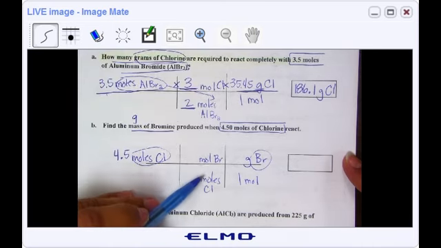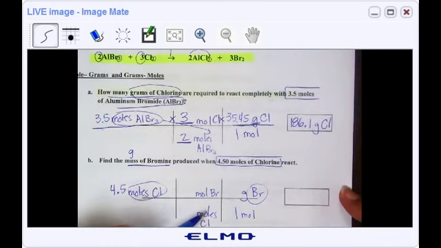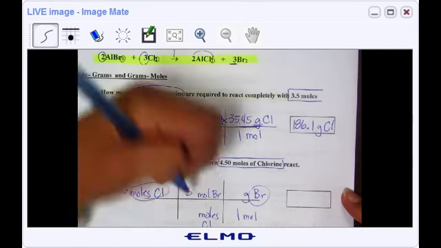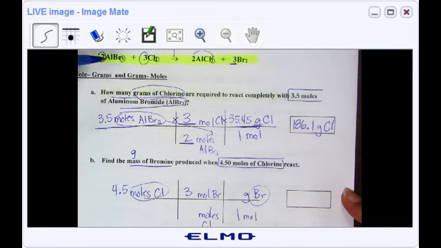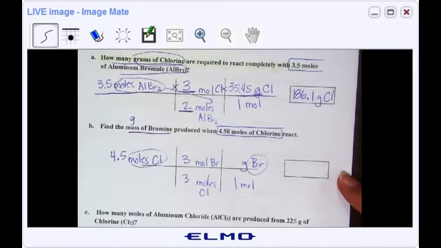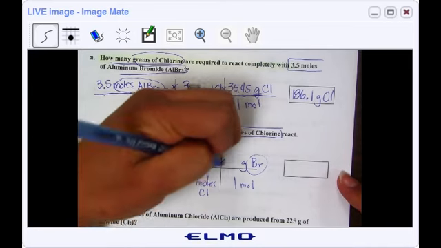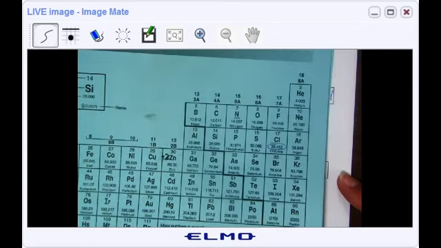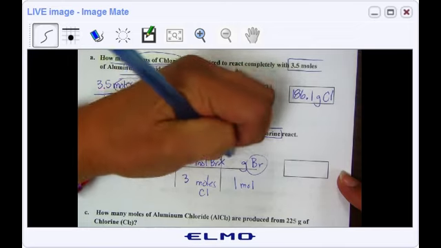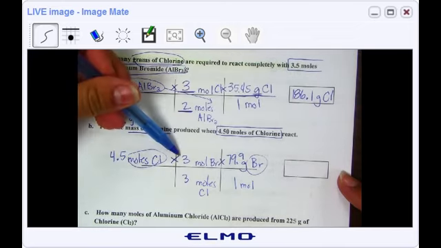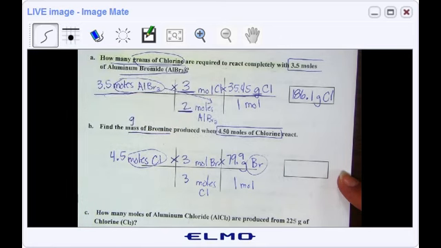So the mole of bromine, go back to the equation at top, the mole of bromine is 3, and the mole of chlorine is 3 as well. Whatever is side by side gets multiplied. You need to get the grams of bromine, and I do that with the periodic chart, 79.9. So I'm going to take 4.5 times 3 times 79.9.